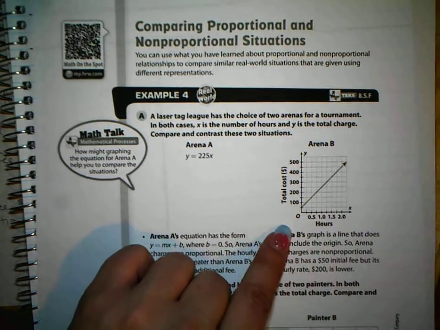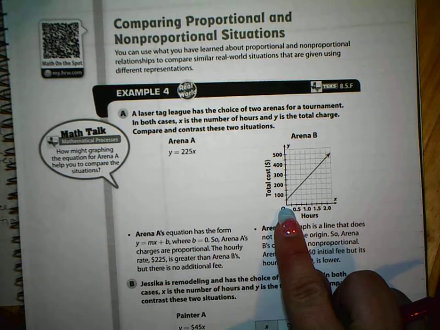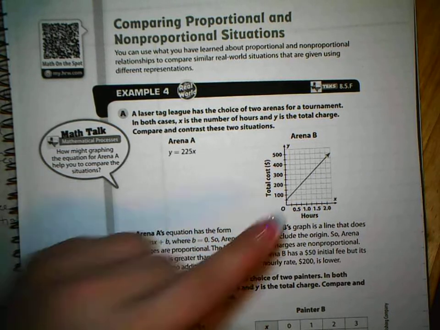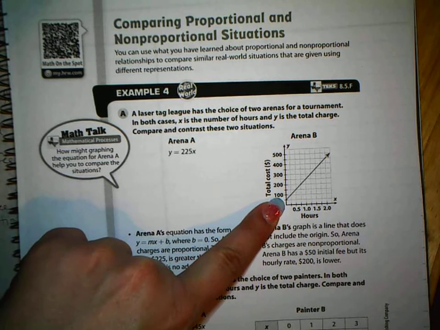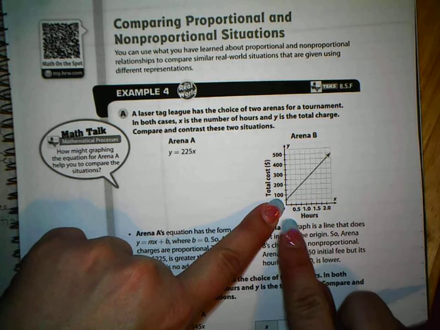So we have to look at this graph. For 0 hours, we haven't even started playing yet, we have to pay $50. So there must be a charge for just using the facilities of $50. We'll be charged x amount of money for however many hours.